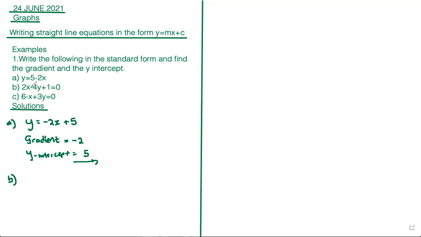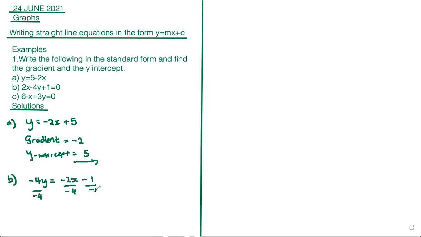To make y the subject of the formula, we take the rest to the other side. The negative 4y remains on this side, then everything else goes to the other side. So we have a negative 2x on this side, because the 0 doesn't do anything, then we have a minus 1. After that, we divide throughout by negative 4.